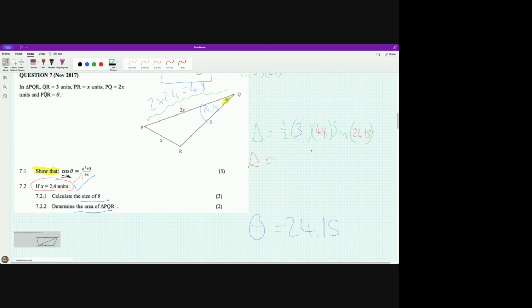So I'm going to go a half times 3 times 4.8 times sine of 24.15, close brackets, and we get 2.95. So it's going to be 2.95, and it's going to be units squared, because it's the area. It's literally how much space fits inside this triangle.